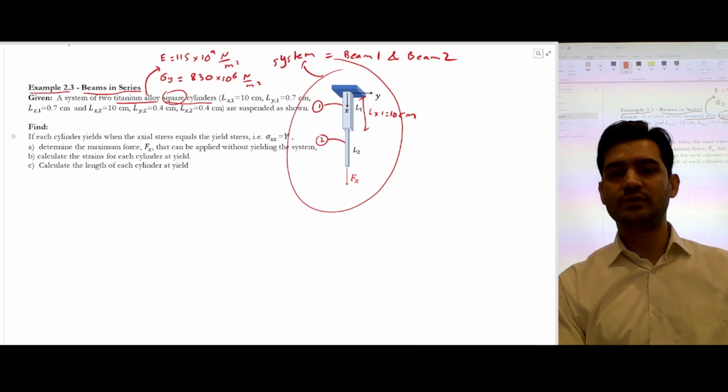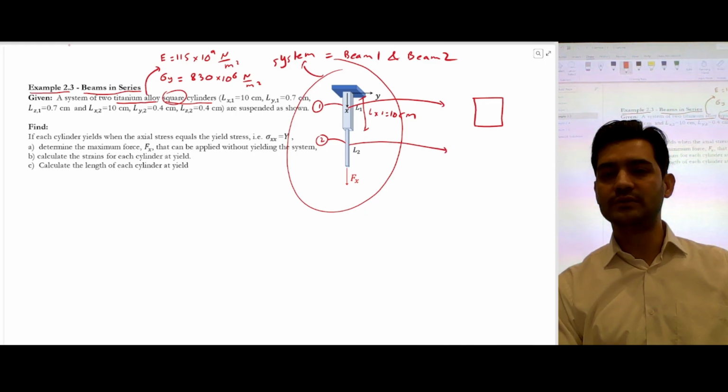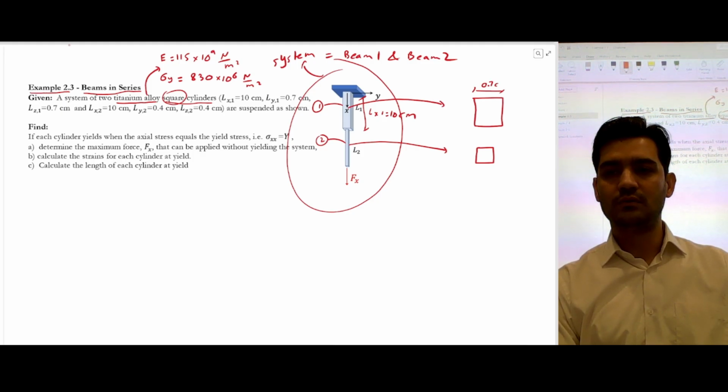And it's a square, so I'm going to draw a cross section of this titanium alloy here. So this is a square titanium alloy with dimension of 0.7 centimeter.